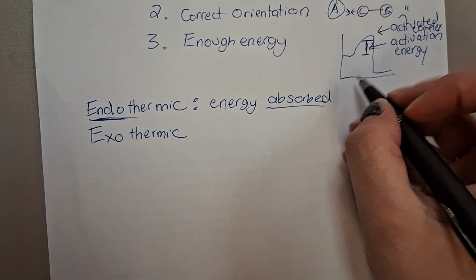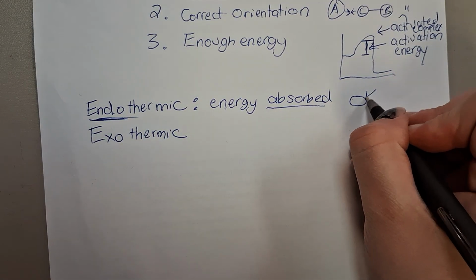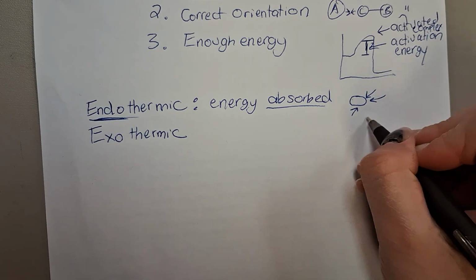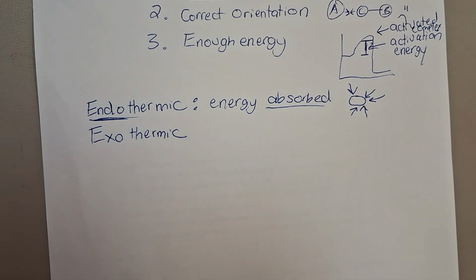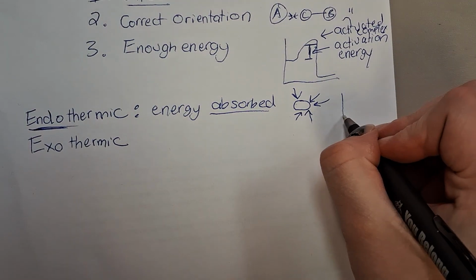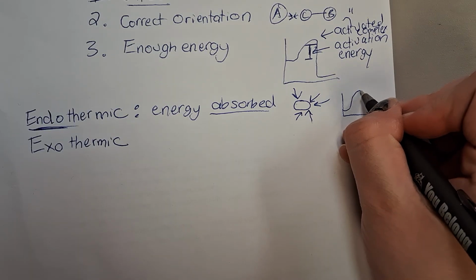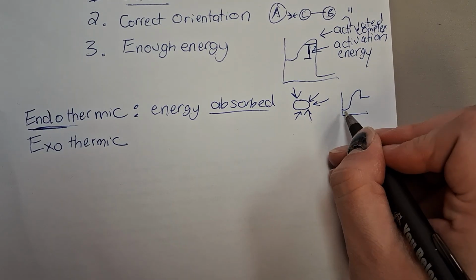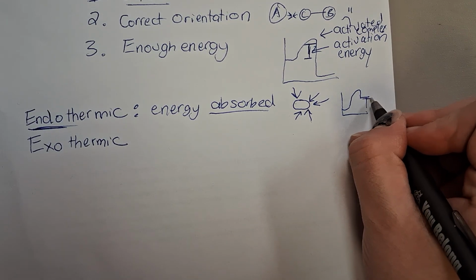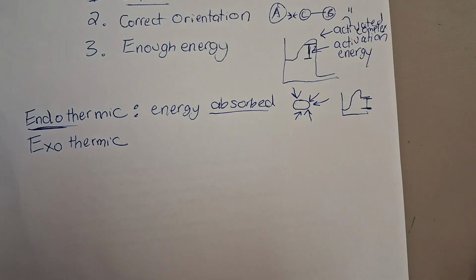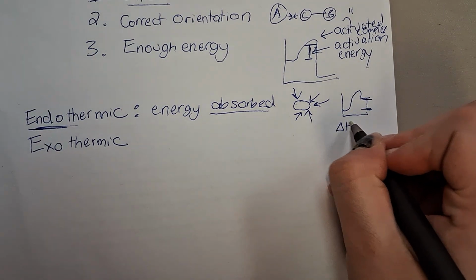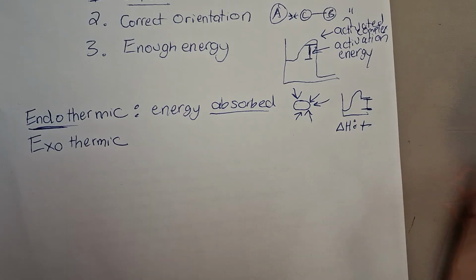So energy is going in. So if this is a reaction, endothermic energy is going to go in. That graph, because we're absorbing energy, is going to end higher than it begins because we're absorbing this amount of energy. That delta H is going to be positive because you are absorbing that energy.